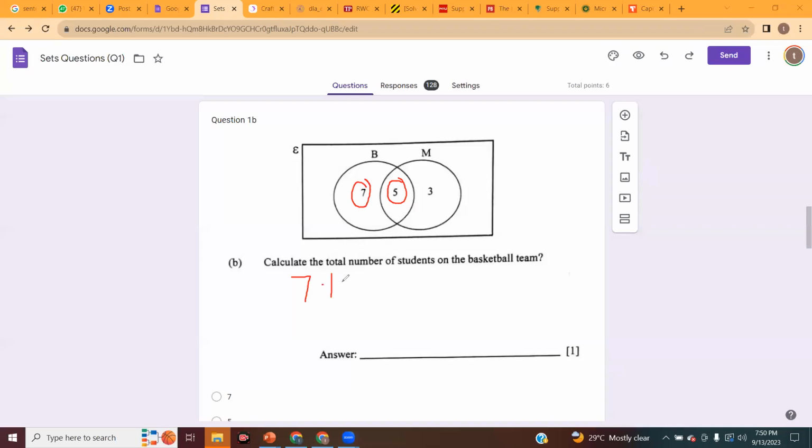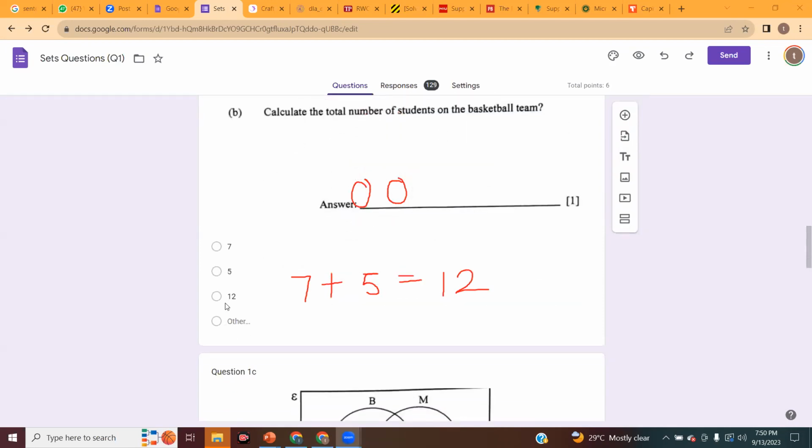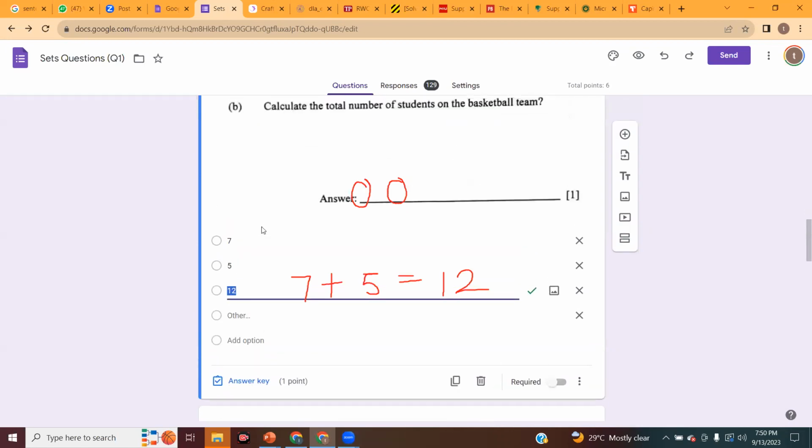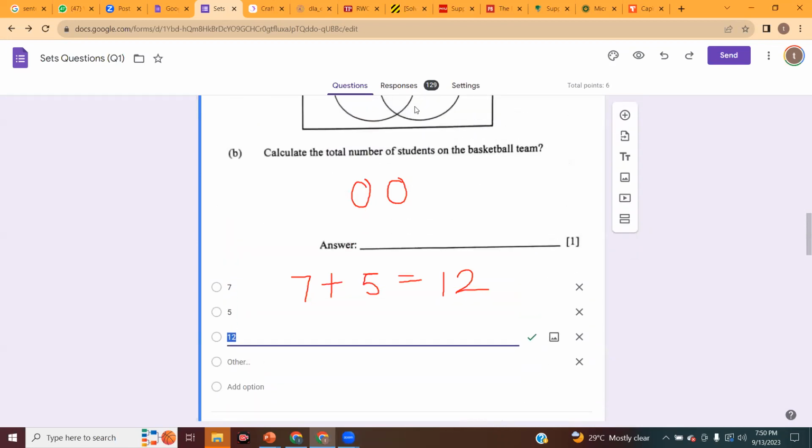What is 7 plus 5? It equals 12. So how many students are on the basketball team? 12. So the answer is 12.